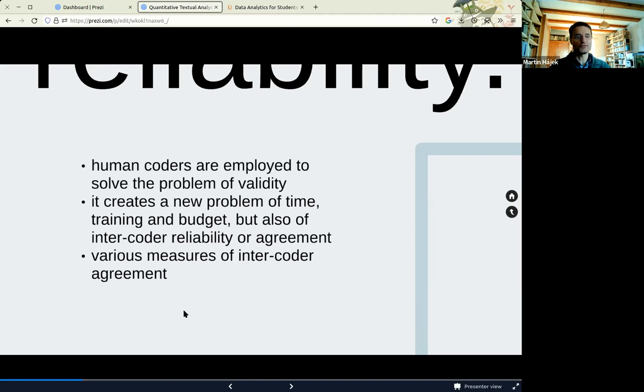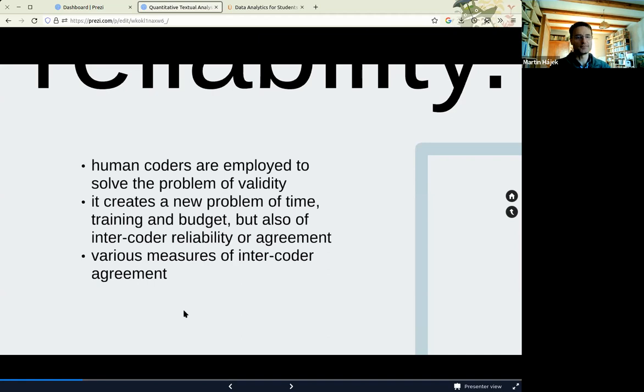But even if you have money, even if you can train coders and pay them for 1 week of work, the problem of intercoder reliability or intercoder agreement still exists, because people read differently. They have some background expectation of what they expect from the text.